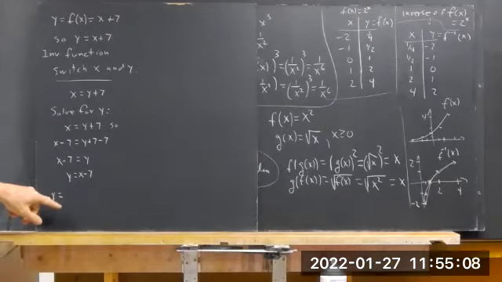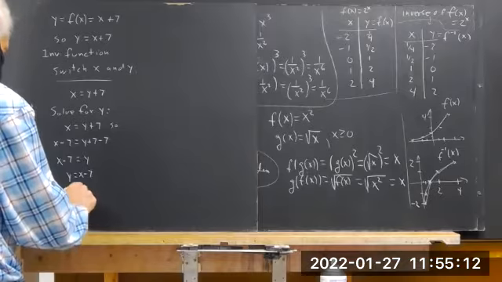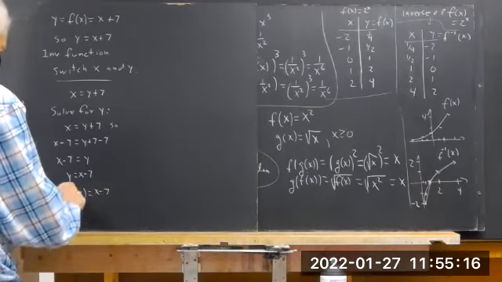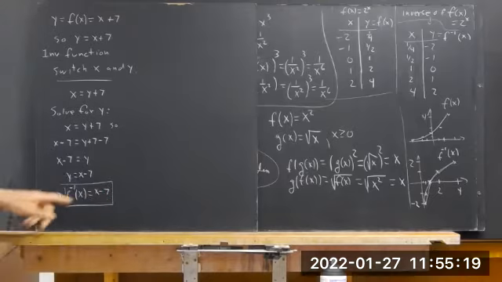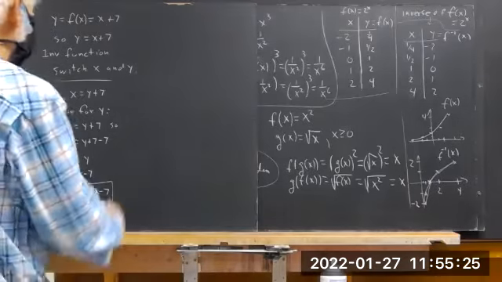We switched x and y, so this is now the inverse function. So y, which is f inverse of x, equals x minus 7. Right here, we have our formula for the inverse function. Let's test and see if it's an inverse.